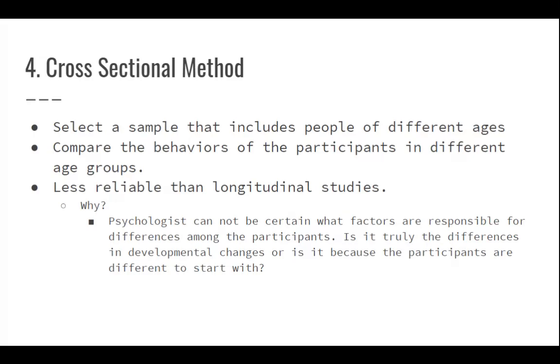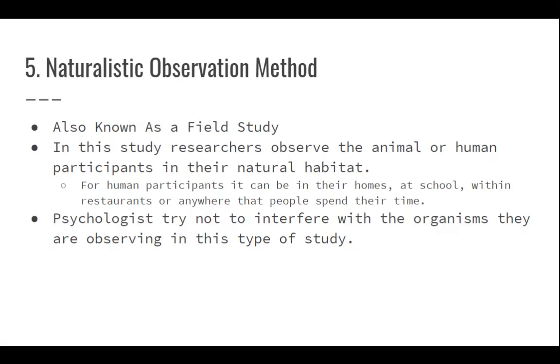Because psychologists cannot be certain what factors are truly responsible for the differences among the participants. Is it truly the differences in developmental changes? Or is it because the participants are different to start with and they have different minds and different brains and different ways of thinking?